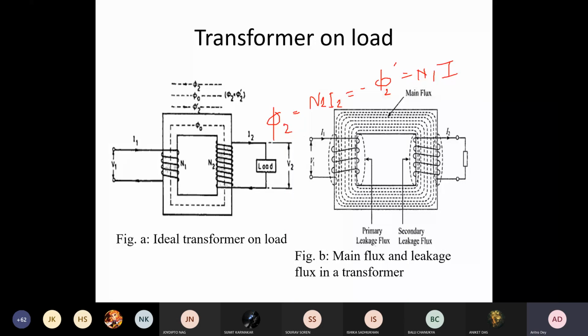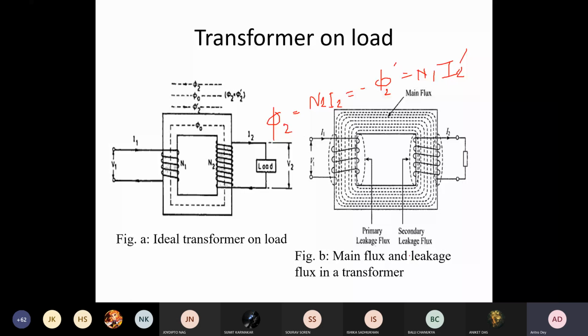Okay, so the minus sign is because of the phasor direction, the phasor angle of the current. Otherwise it is the same. Magnitude wise N2 I2 is equal to N1 I1, but phase wise it is out of phase.